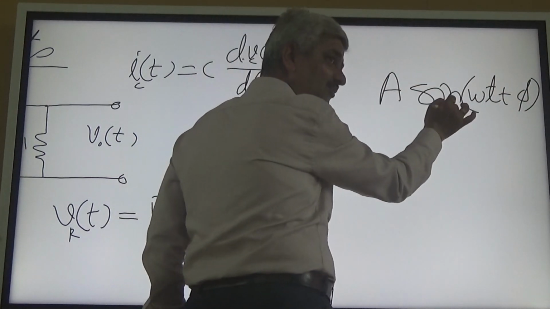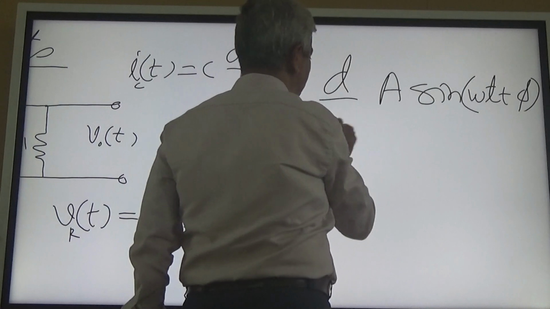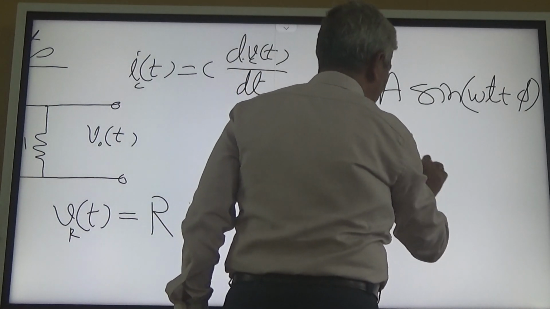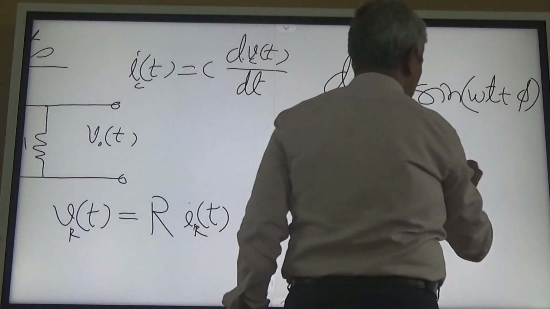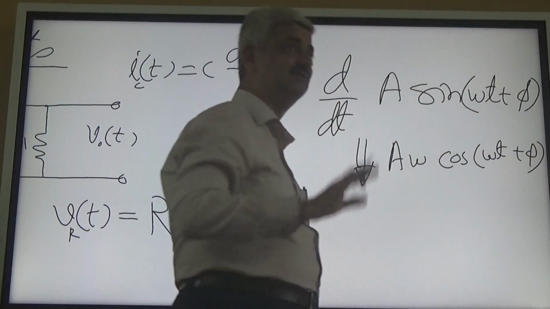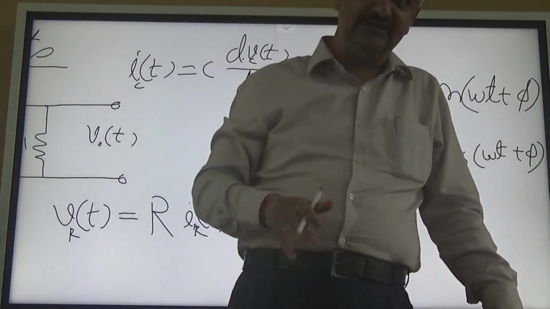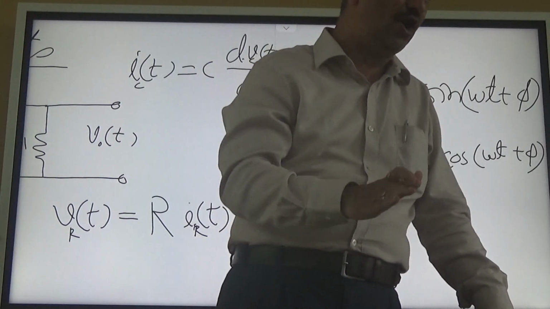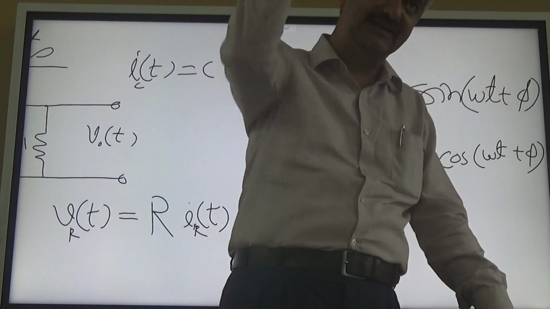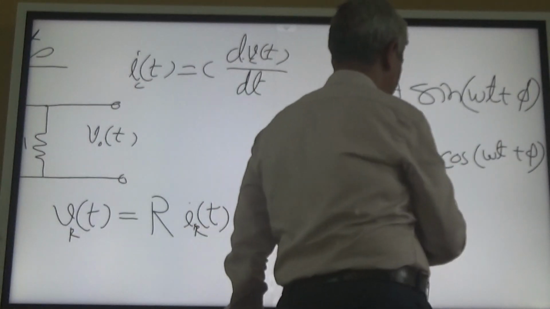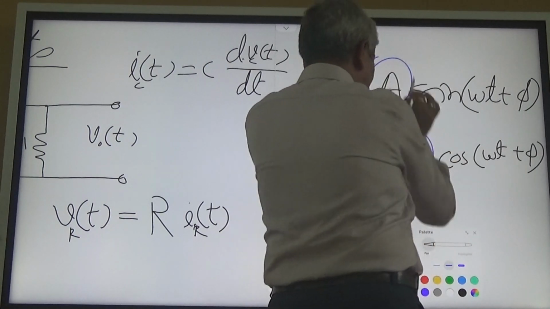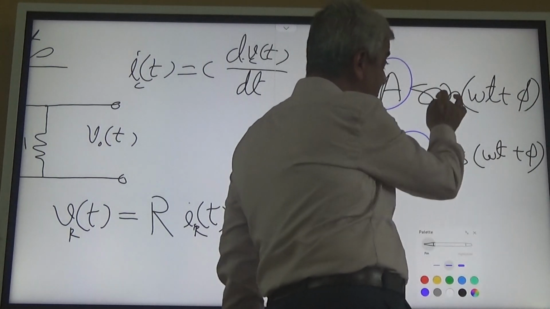So the derivative, d by dt of a sinusoid, is a omega cos(omega t plus phi). What is important is that the differential of a sinusoid is always a sinusoid of the same frequency, of different amplitude, and its sign is cos.